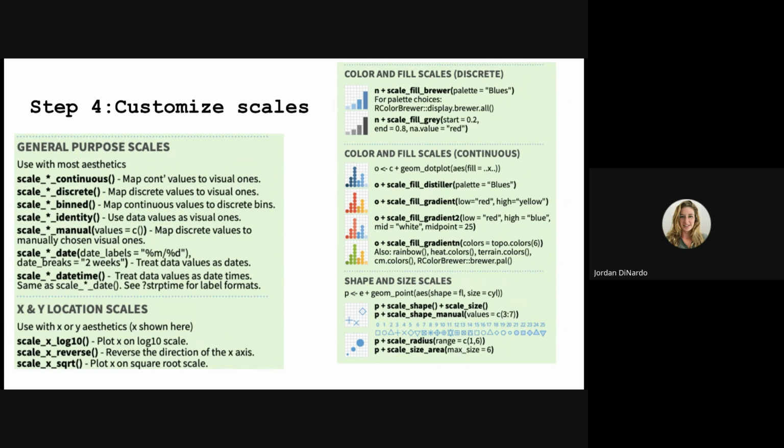And then within that, for example distiller, you can feed it this palette, and there's just hundreds of palettes that you can use. You can create your own palette from a gradient from red to yellow, assuming that this variable you're working on is continuous. Again, you can also do scale fill manual, which gives you full control over the colors, and you have to indicate each and every color and what group that goes to. So you can have a lot of fun and also spend a lot of time just here working on your figure.